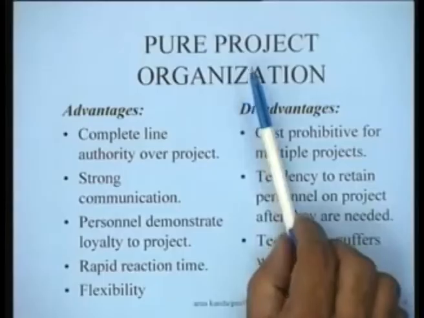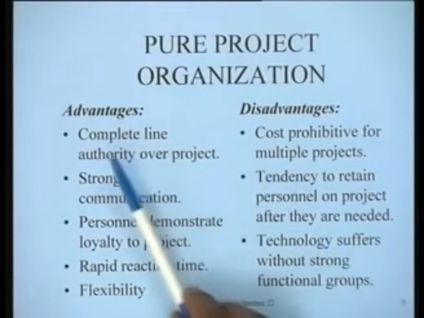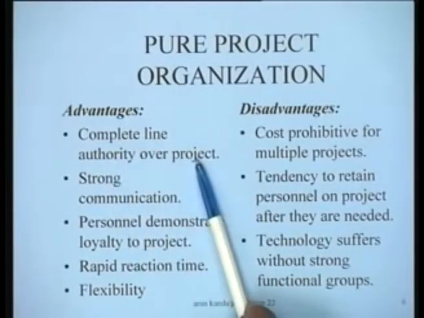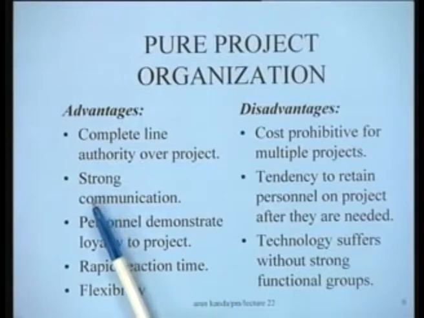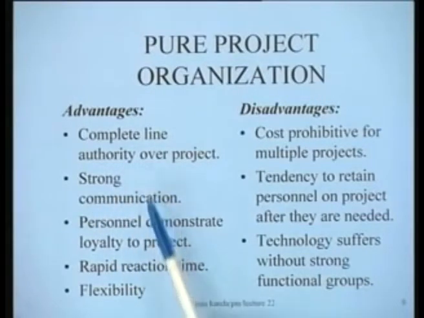In the pure organization structure, the major advantage is that there is complete line authority over the project. So the project is under complete control and you have defined a person who is responsible for it and he controls everything. There is strong communication between the team members because they are all communicating to the same boss.